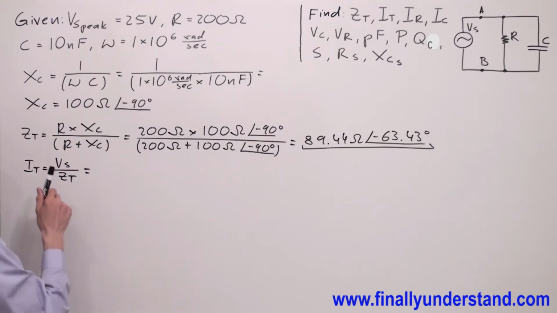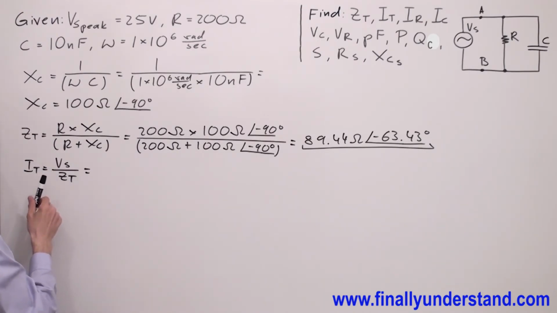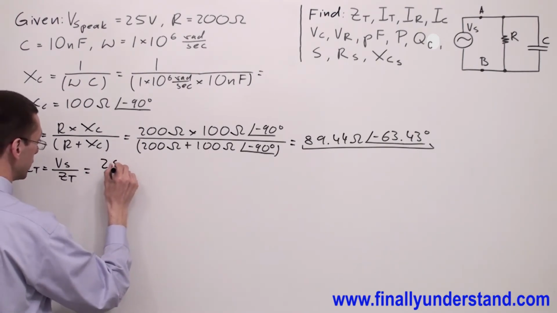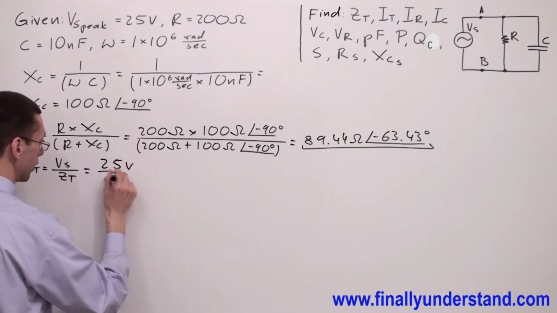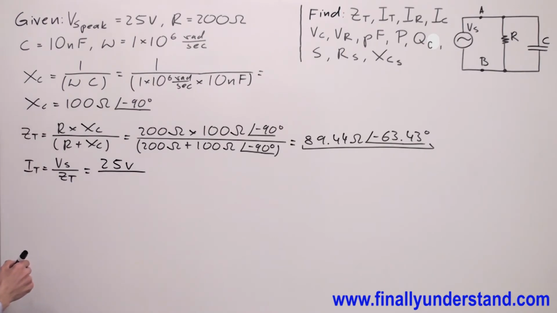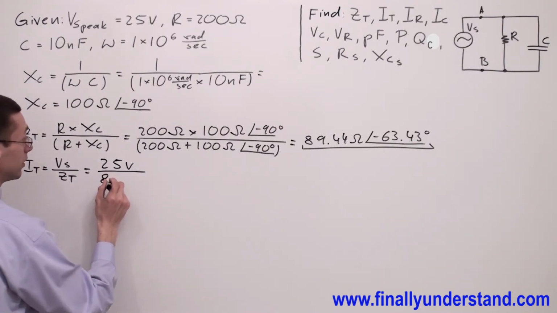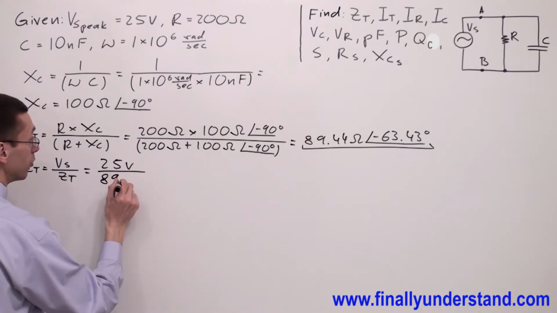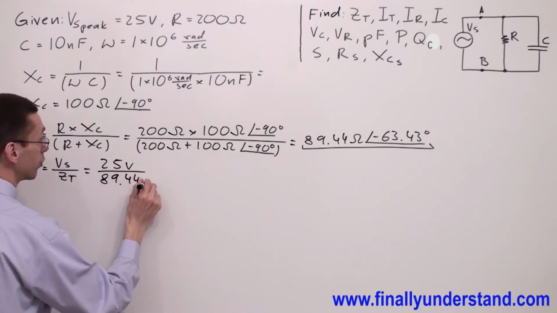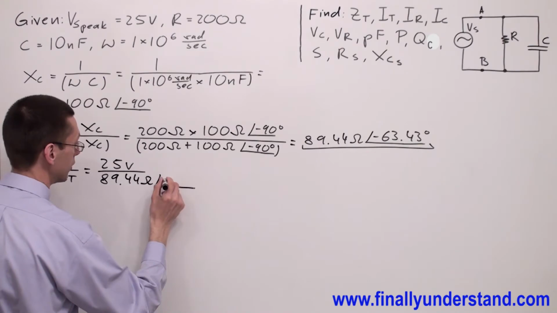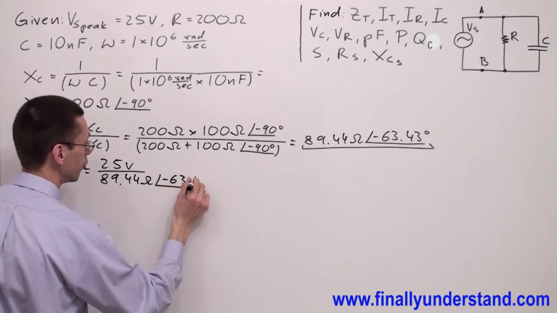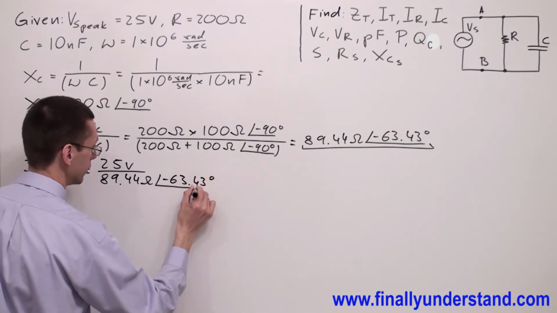Okay, so I have voltage source equals 25 volts over Z total, which is equal 89.44 ohms and angle of negative 63.43 degrees.